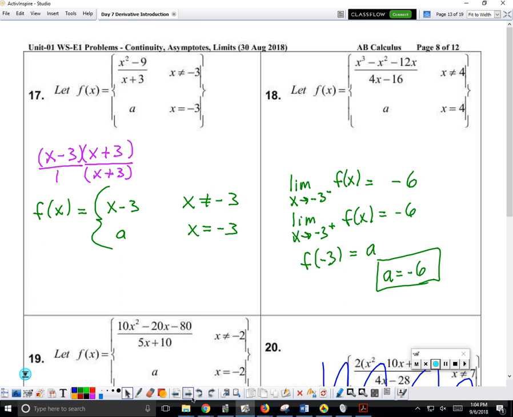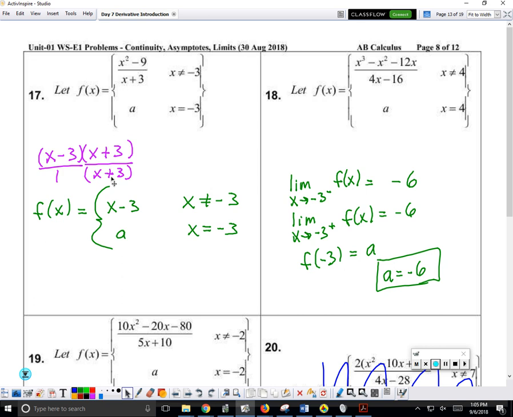All year long, you will see me look at a formula and decide to factor that formula so I can understand better how the formula behaves. So I factor the formula, and I notice I have this special fraction again that is either equal to 1 or undefined. But it's only equal to undefined if x is -3.